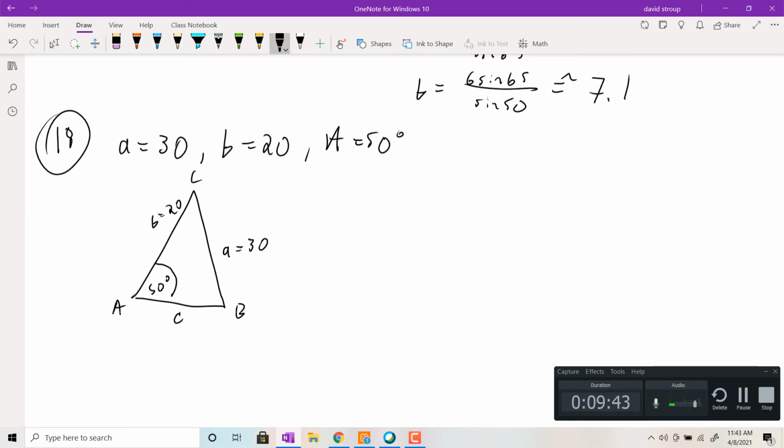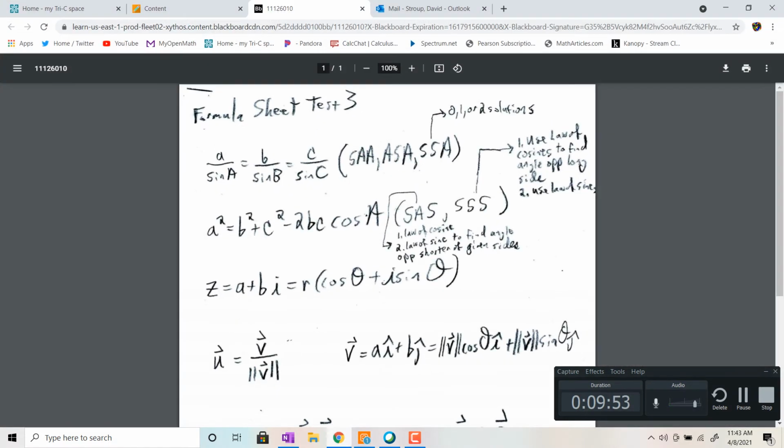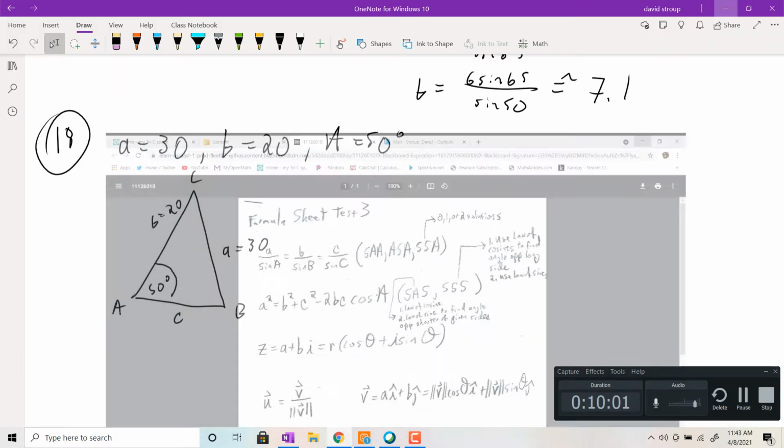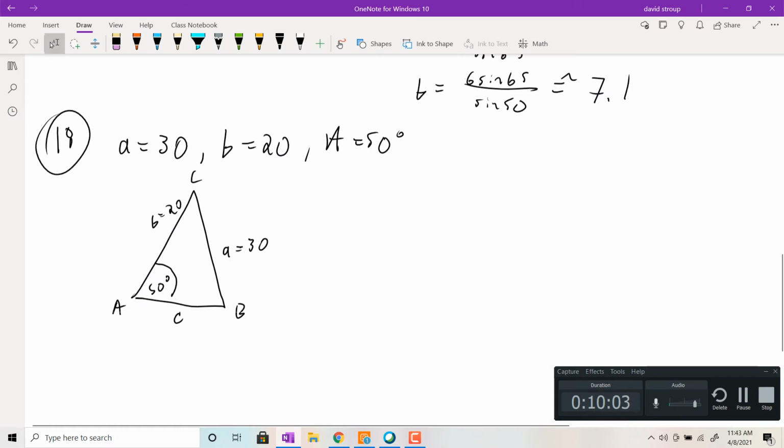If you look at the form and you read off the given information, it looks like it's side side angle. That has to be this one right here, and that's one of the weird ones, right? So you'll have to start with something else, and that something else is just straight up using your law of sines.